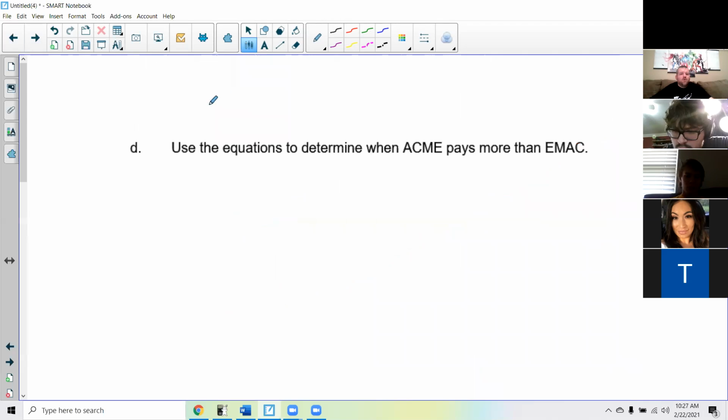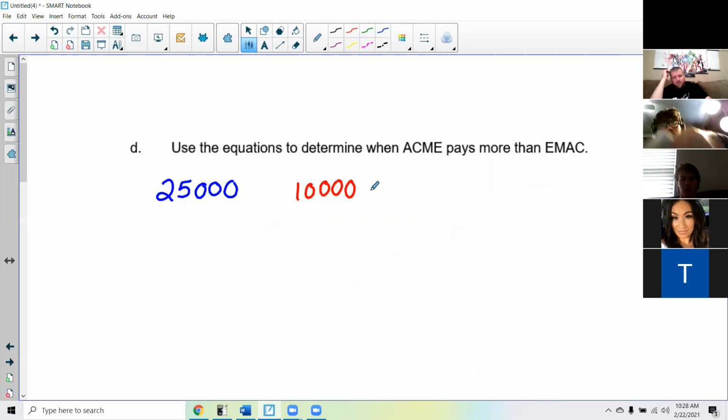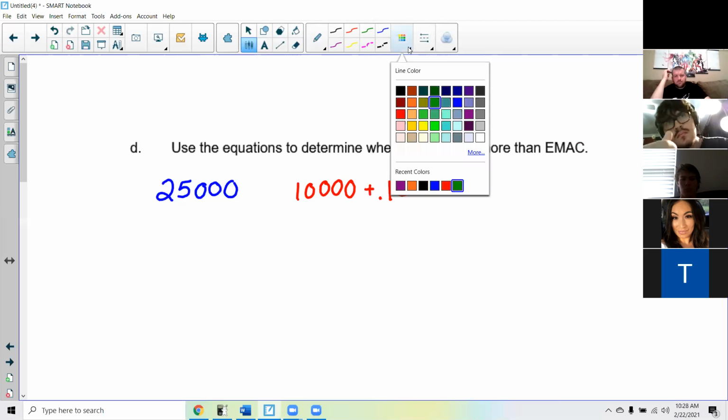So then it says, use the equations to determine when Acme pays more than Emac. Remember, Acme's wage equation was a flat rate of 25,000. Emac's equation was 10,000 plus 10% of your commission, 10% commission.